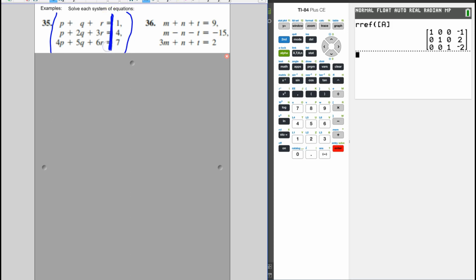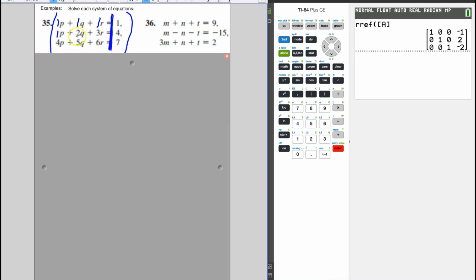I'm going to put my bar right there. I'm going to fill in any blanks with ones. Remember, if the whole variable is missing, then that would actually be a 0. But if the variable is there and you just don't see the number, it's a 1.